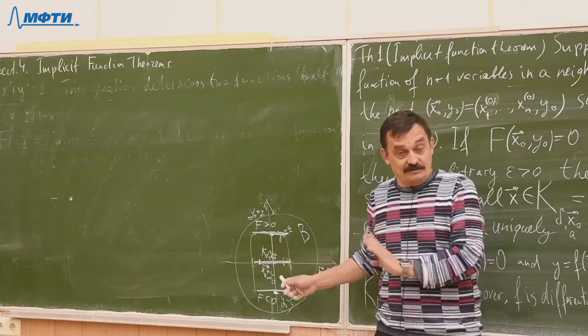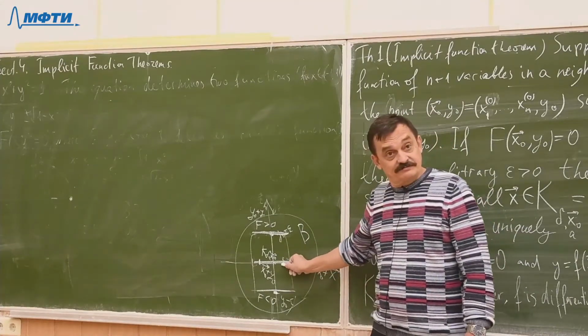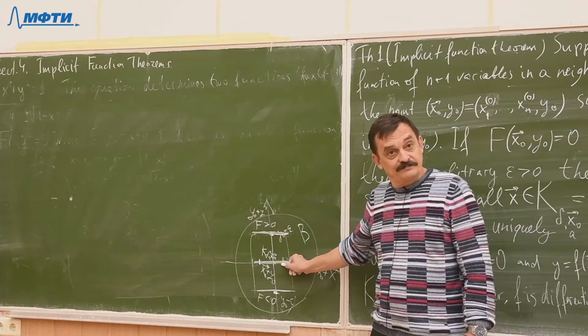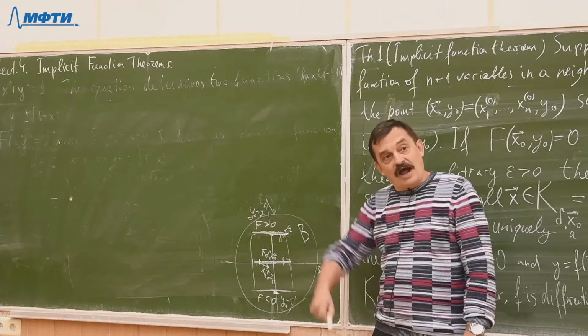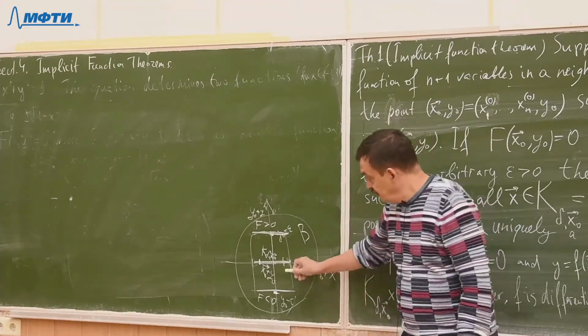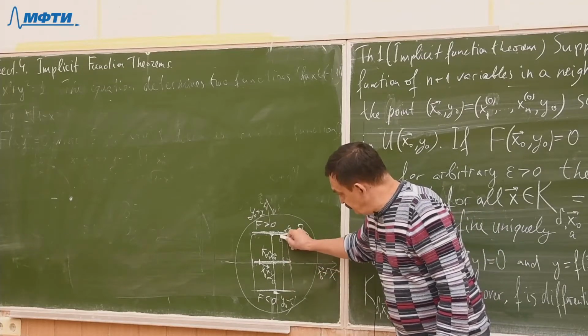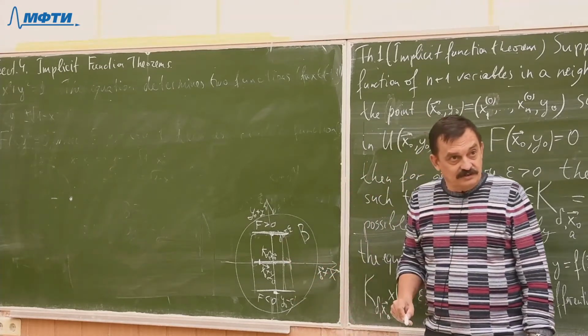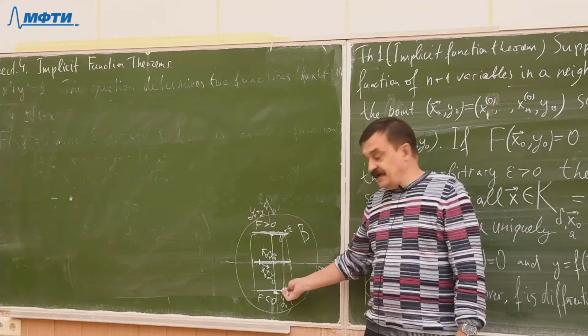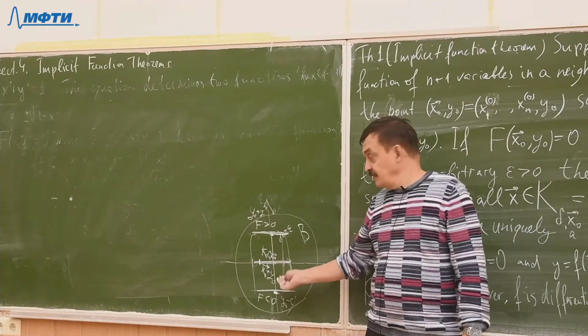Fix x now, but arbitrary in a neighborhood, right? X is fixed, y varies. So it means we go along this vertical line, right? So here it is negative, there it is positive.